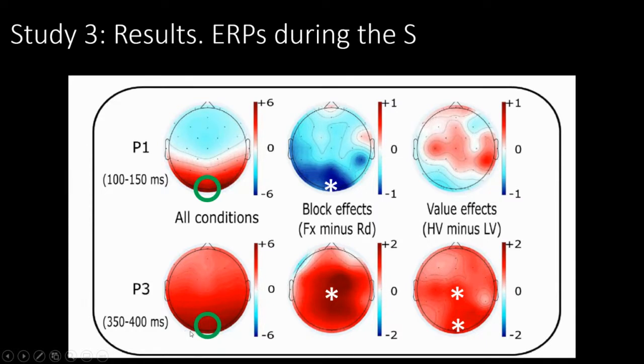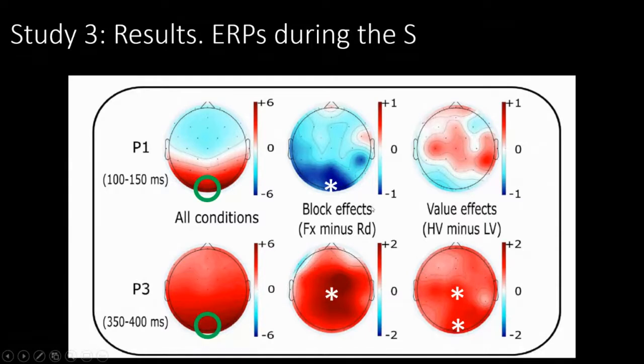This was similar to some results in the second study, where we had a P3 effect at occipital sites. So we analyzed these occipital channels and also the same channels that we analyzed in the previous study, study 2.